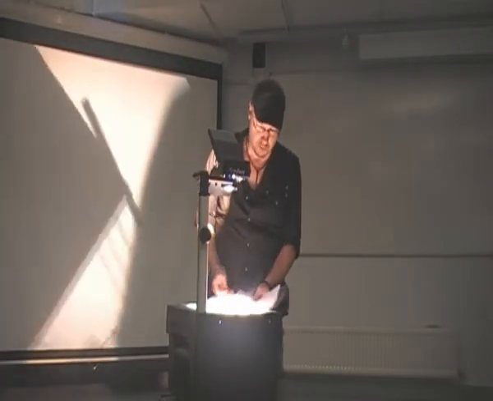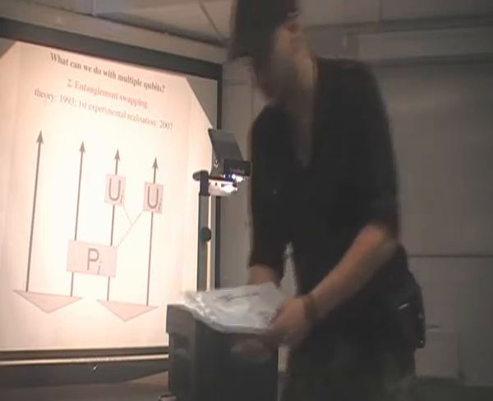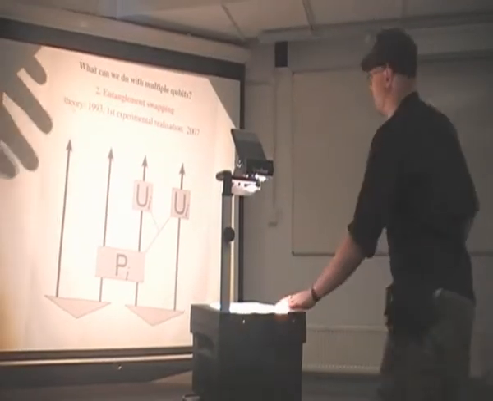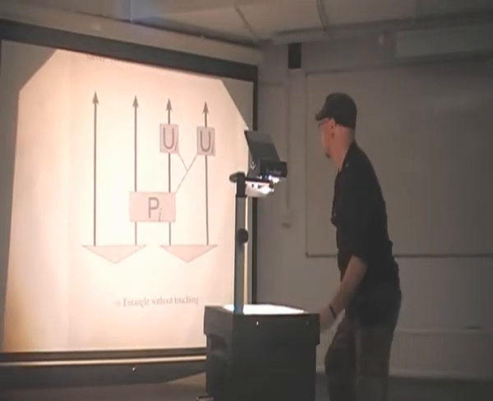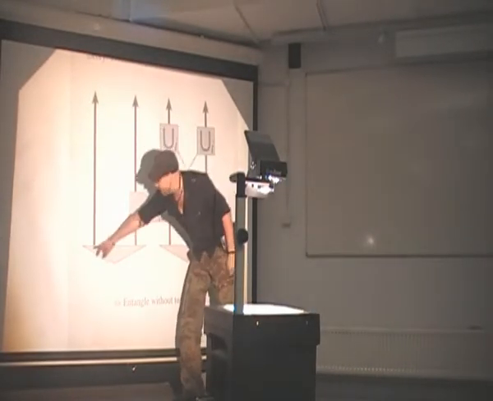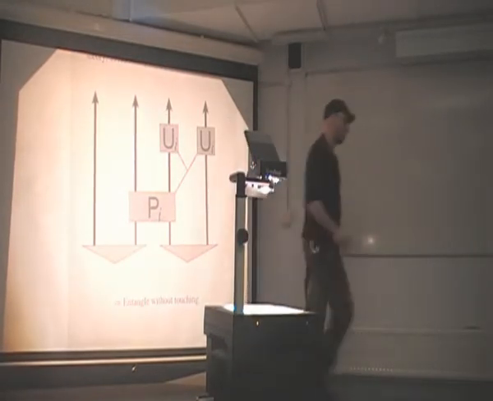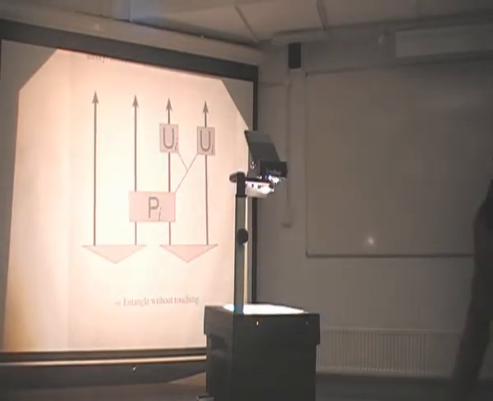Now, with this idea of a channel in mind, check out this protocol. Initially you've got four parties, and A and B share such a channel, and C and D share such a channel. Let me write this down.